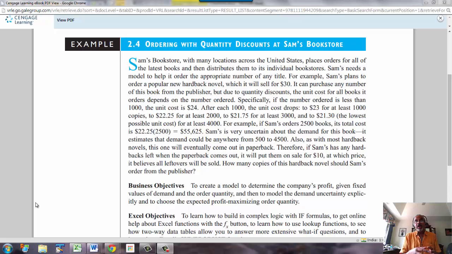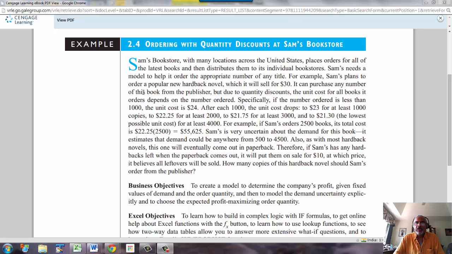Because if they order too much, then they have to sell those unsold books at a discount and they lose money. And if they order too little, then there are two problems. One, of course, you lose the opportunity to make profit, but also the publisher gives quantity discounts, so by ordering too little, you're not availing of the discounts. The quantity discounts are given right here, and the demand estimate is right here.